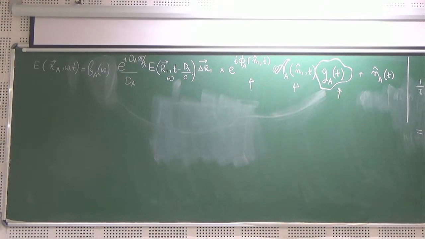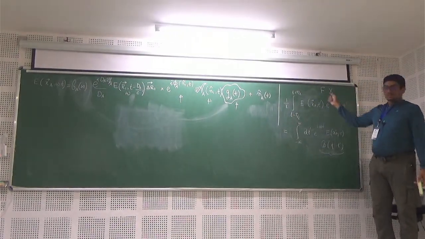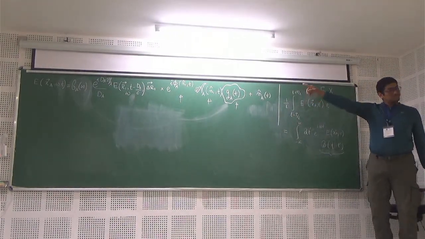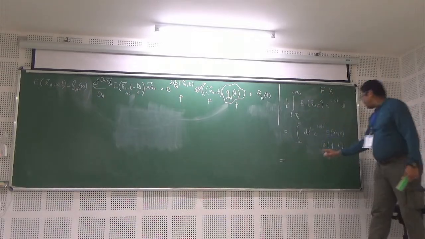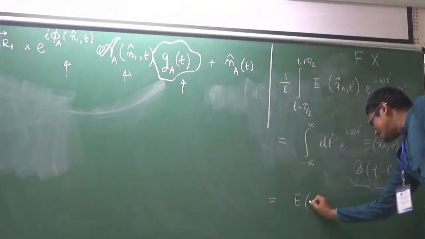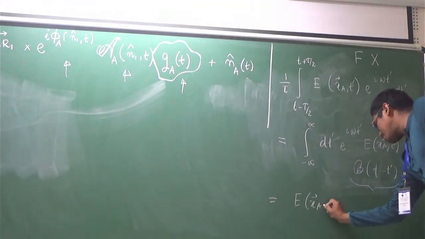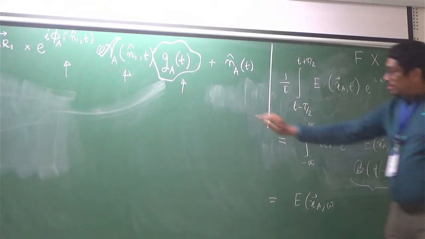Any question here? Which one? So I'm writing down this quantity that is on the left hand side now. This quantity will be what? XA omega, and see there is a slow time dependence.